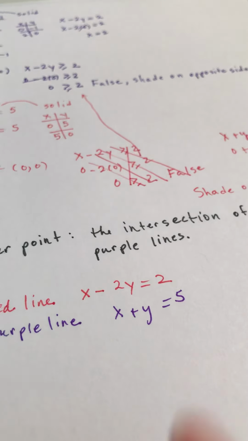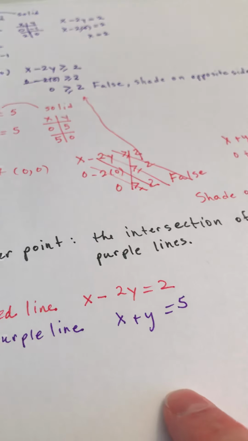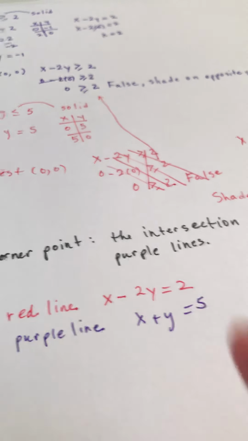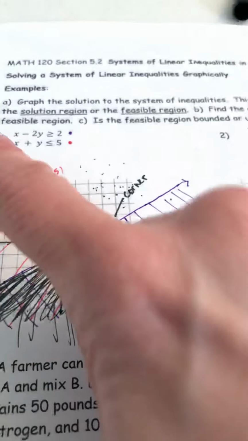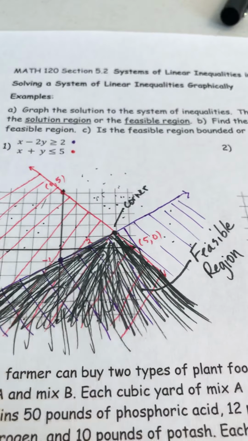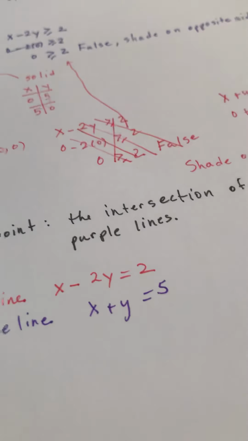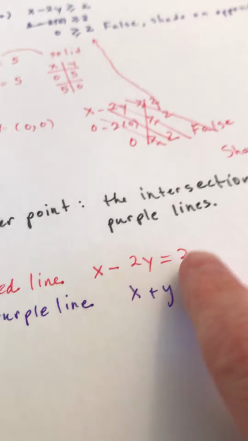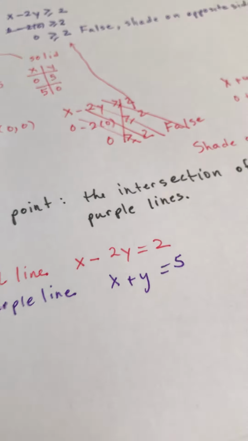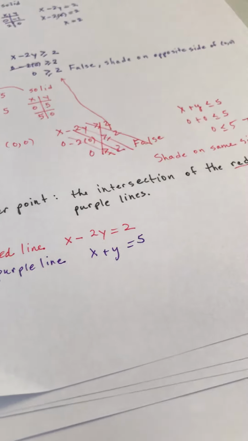Because we graphed those 2 lines using intercepts above. So those were the equalities. The equalities are the actual lines, the inequalities are the shadings. To find an intersection of these 2, we've done before.